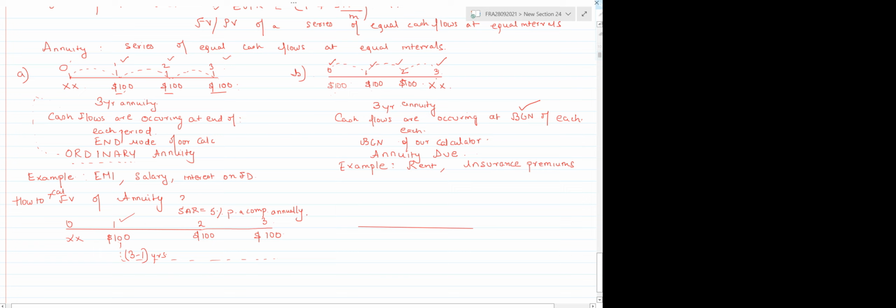This cash flow that occurs at the end of the first year would be compounded for 2 years, because my purpose is to calculate the future value at the end of year 3. So 100 into 1.05 to the power of 2. Right, guys? Please tell me the answer of this.